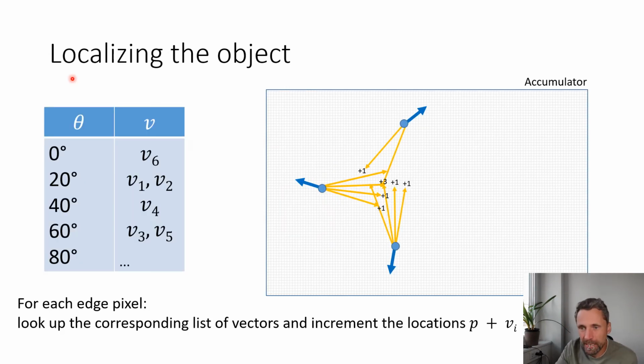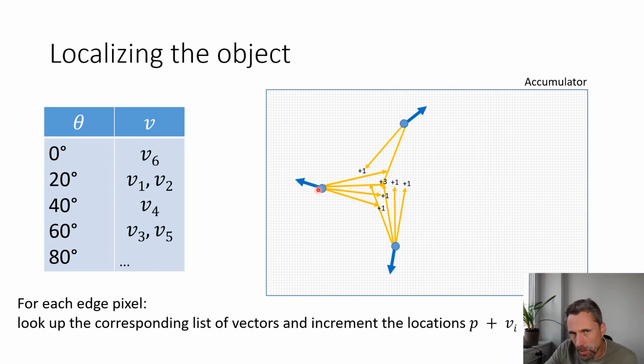Now to find your object, you use another accumulator. Again, this is just an image matrix, the same size as the image, for example. It could be smaller, then we save some space, and sometimes you don't need that kind of accuracy. But let's think of this just to be an image.